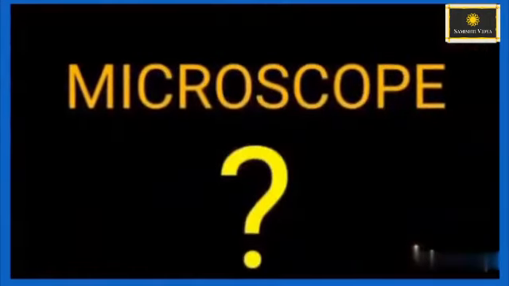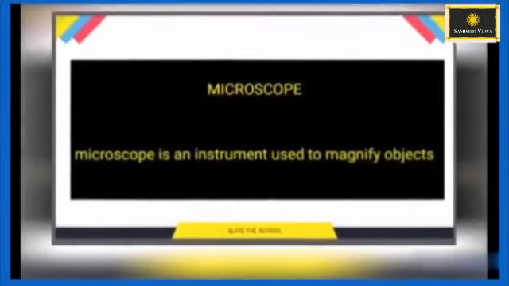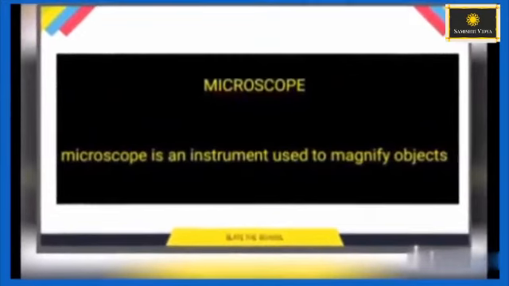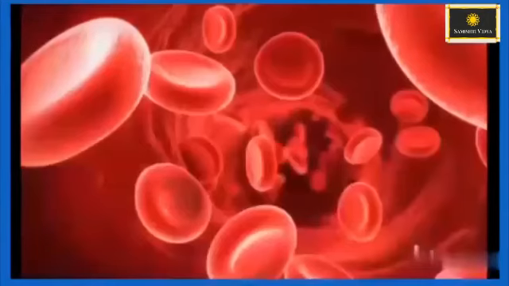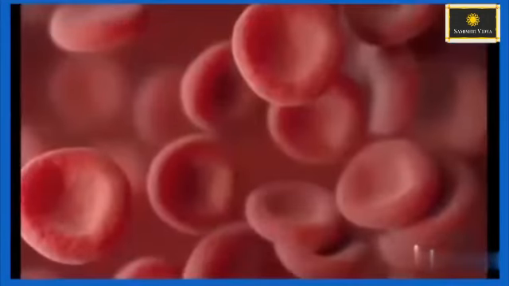First of all, what is a microscope? Do you have any idea? A microscope is an instrument used to magnify objects. Structures that can't be seen by the naked eye can be observed under a microscope.